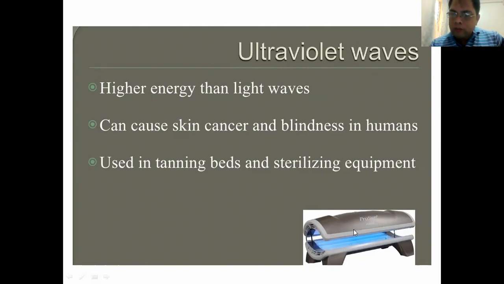Now we also know that when there's too much ultraviolet waves, we can have some skin cancer. So we have this lotion probably that protects us. There's a certain SPF value in some lotions that protects you from ultraviolet rays.